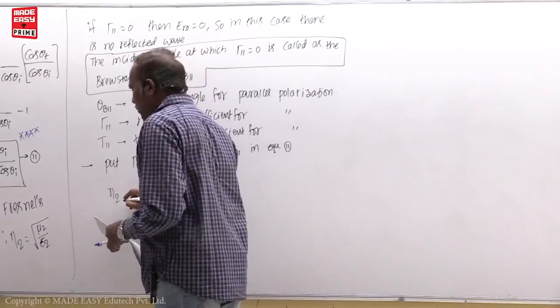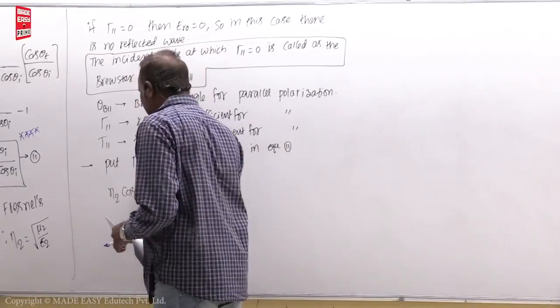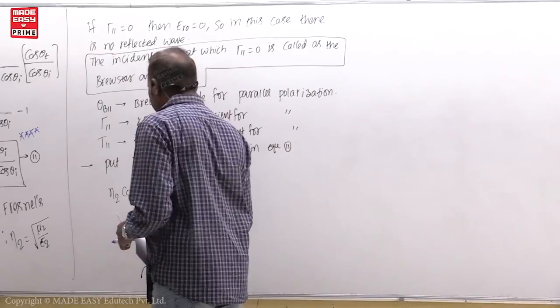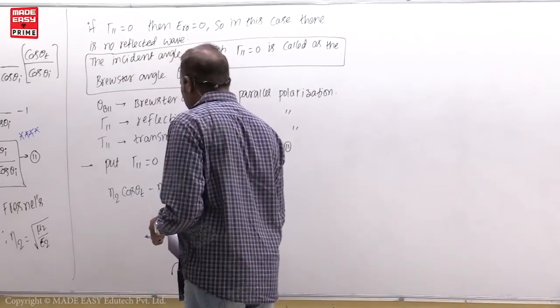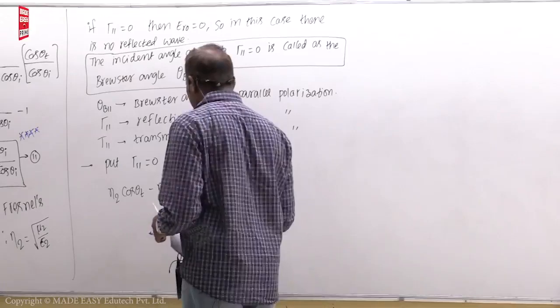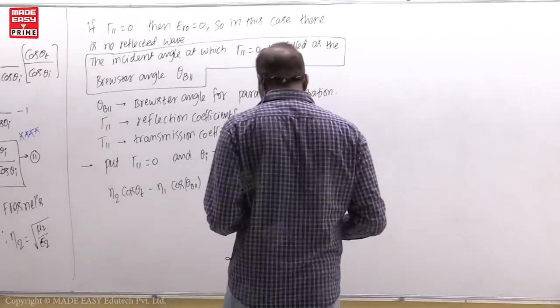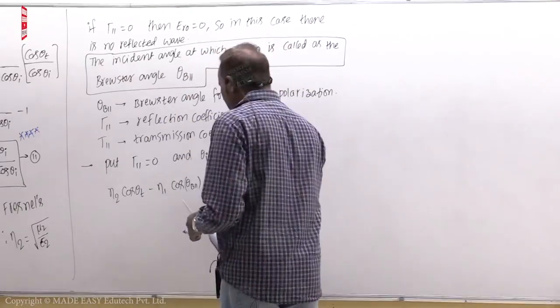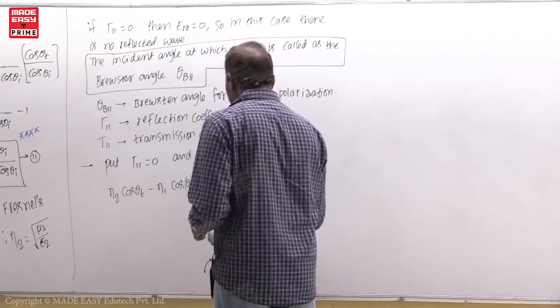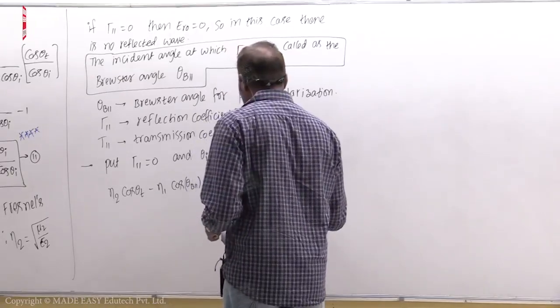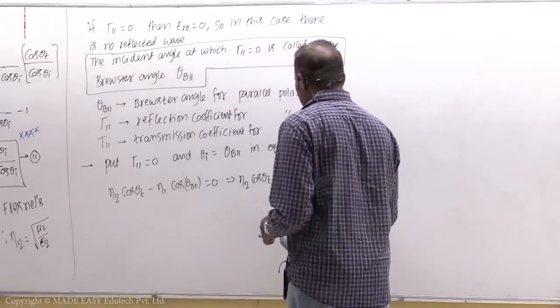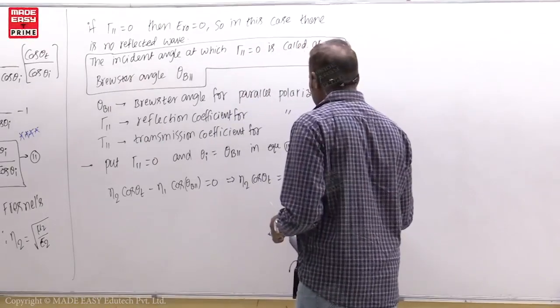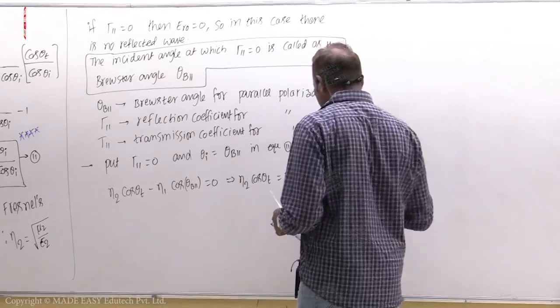So, eta 2 cos theta t minus eta 1 cos theta B parallel, okay, is equal to 0. Then you get eta 2 cos theta t is equal to eta 1 cos theta B parallel.